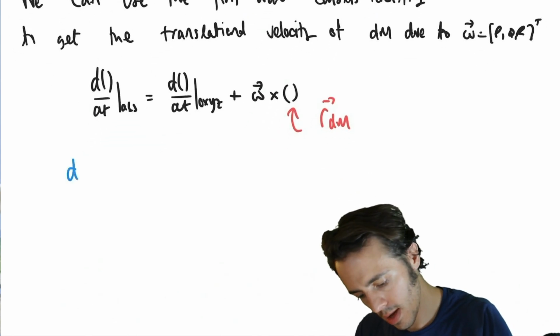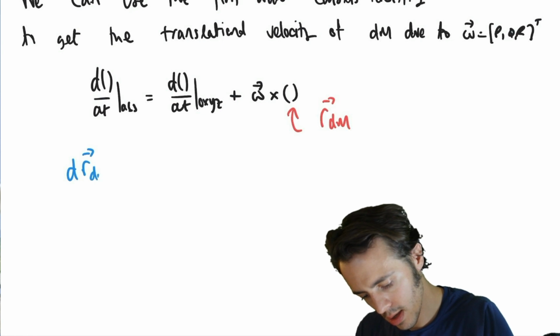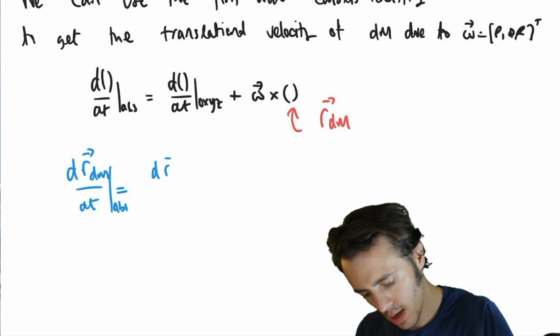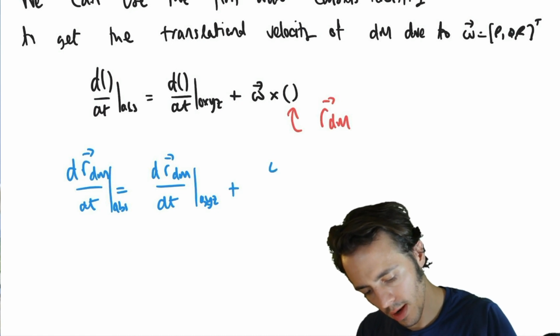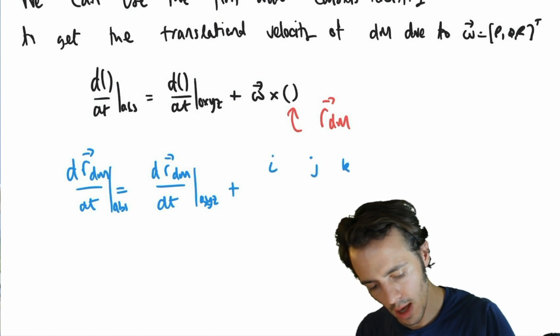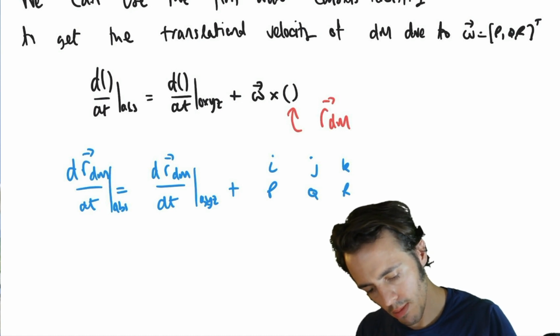So d r dm on dt is equal to d r dm on dt in Oxyz plus the cross product, so it's i j k, p q r, and then we've got the three components.